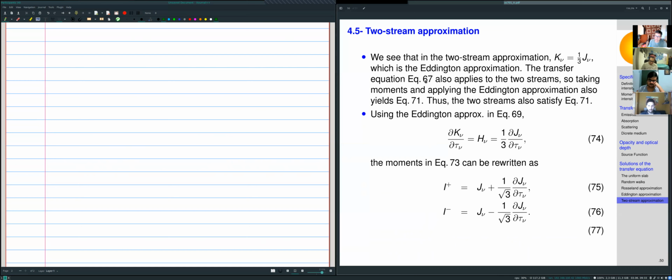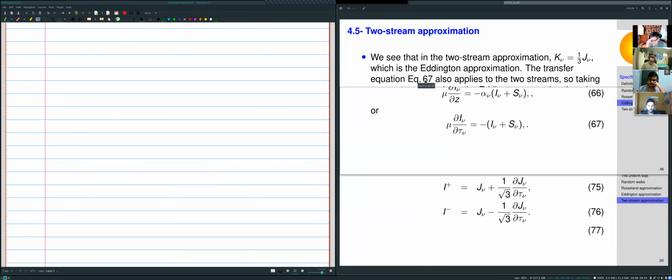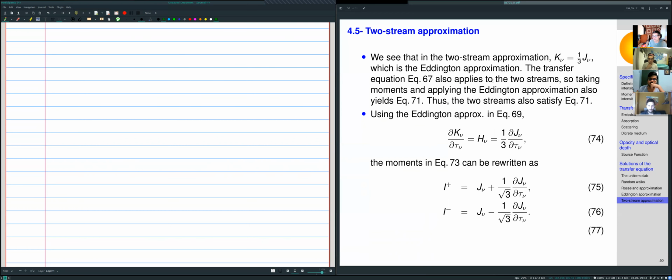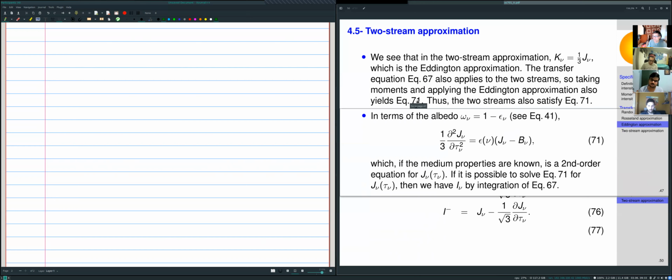So 2 streams are solutions of the radiative transfer equation, and they also fulfill the Eddington approximation. Therefore, they also fulfill equation 71. The two streams are also solutions of equation 71, which is the equation we're searching boundary conditions for.